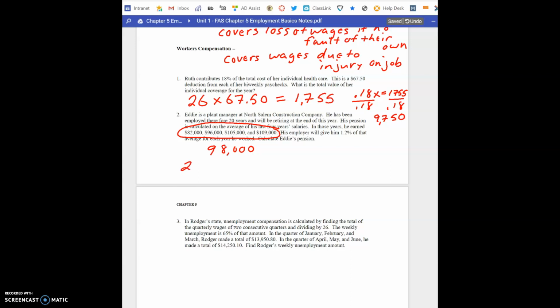So he worked 20 years times 1.2% gives you 24, so your new percentage is 24%. Take your $98,000 and multiply that by 24% as a decimal, or 0.24. That means Eddie will get $23,520 per year in his pension.